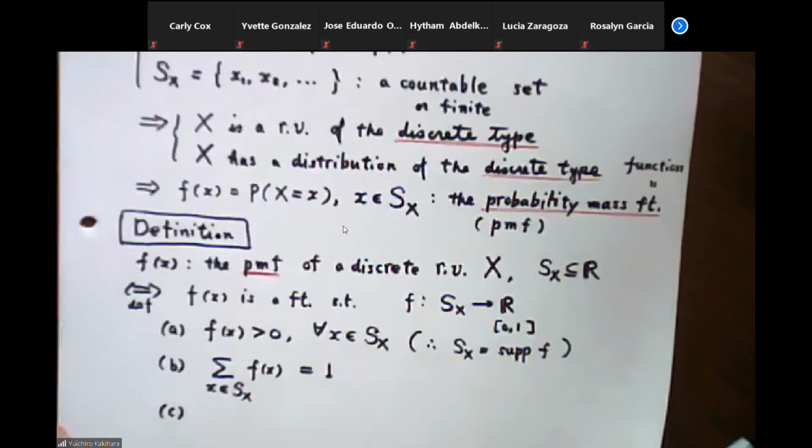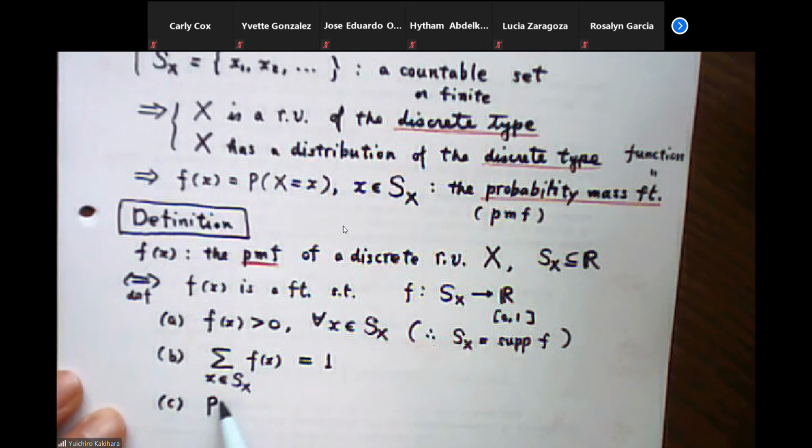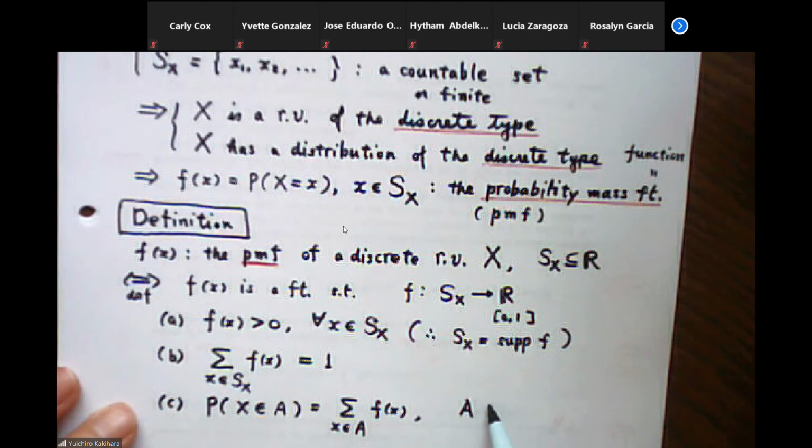We can calculate that one by the sum: P that x is in A. This probability is calculated as we collect all the f of x values for x in A, since A is a subset of S of x. These three are the properties that should be satisfied by the probability mass function.